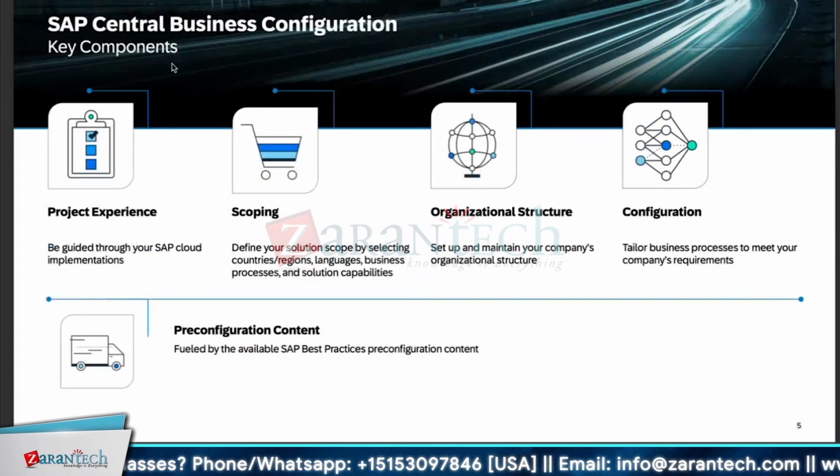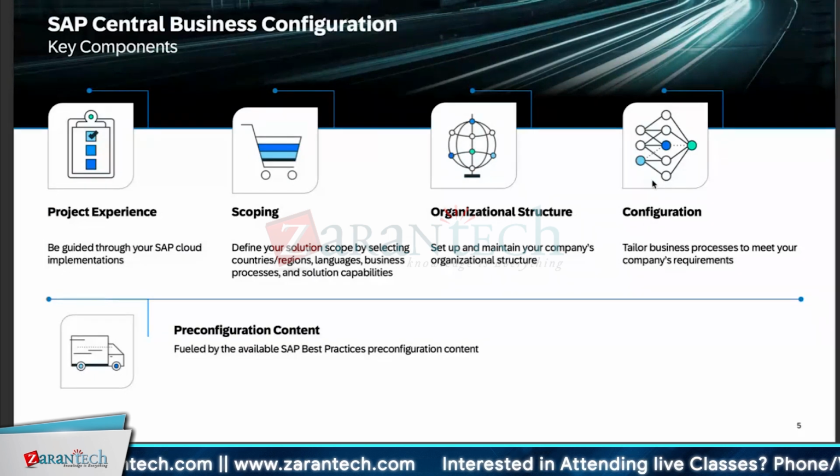These are your business configuration key components: the project experience, the scoping, the org structure, and the configuration. And you do have the pre-configured content for your purpose. I will be showing you this practically.